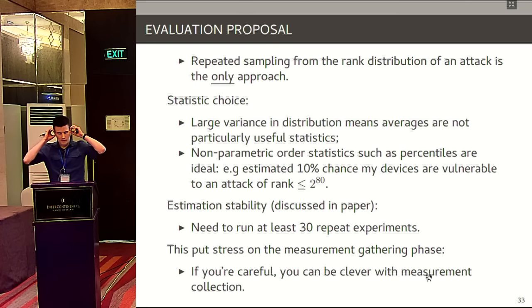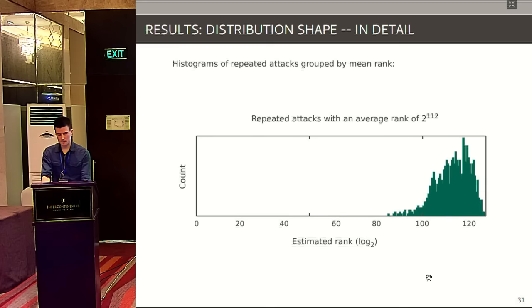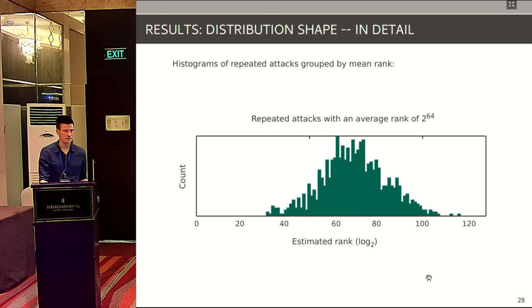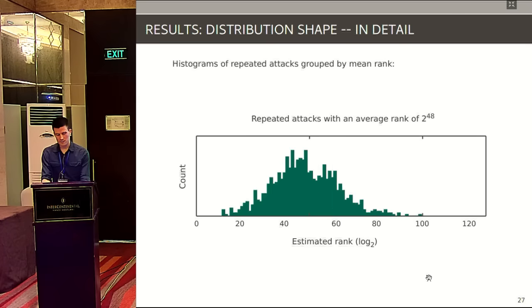In terms of statistics, this large variance, which, I guess I didn't mention this, is in the unfortunate positions in which you're most interested. As a manufacturer, you're probably going to be interested in when ranks are around 2 to the 60, 2 to the 70, maybe even 2 to the 80. And this is where the distribution has the most variance.